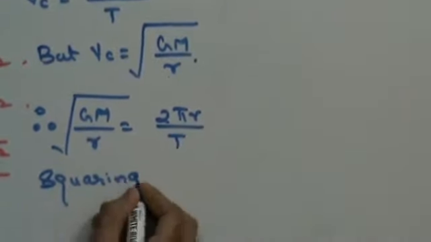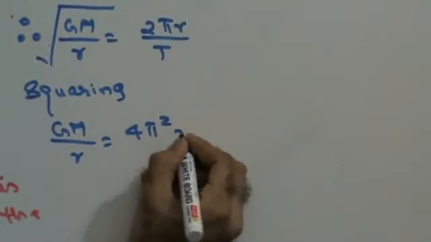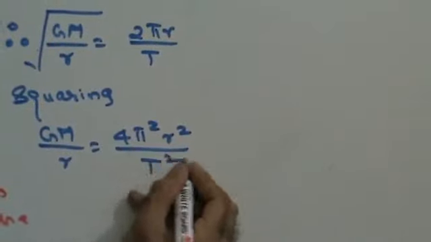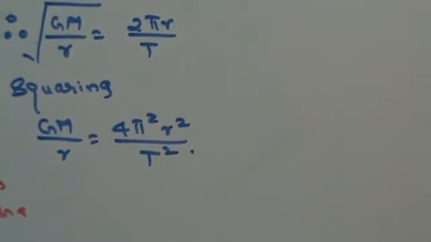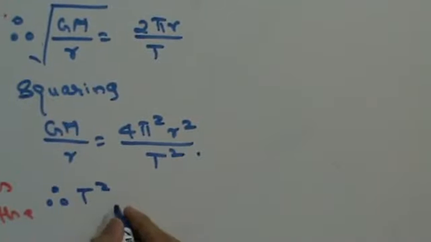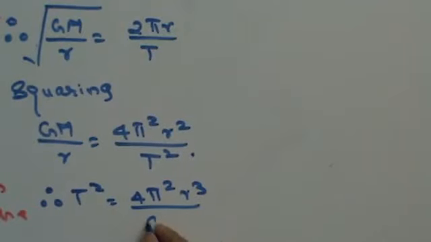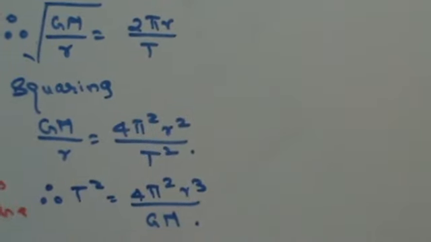Therefore square root of GM upon r is equal to 2 pi r upon T. If I square both the sides, I will get GM upon r is 4 pi square r square upon T square. Therefore T square is 4 pi square r cube upon GM. Cross multiplying, T square goes up, GM comes down, r goes up to give you r cube.